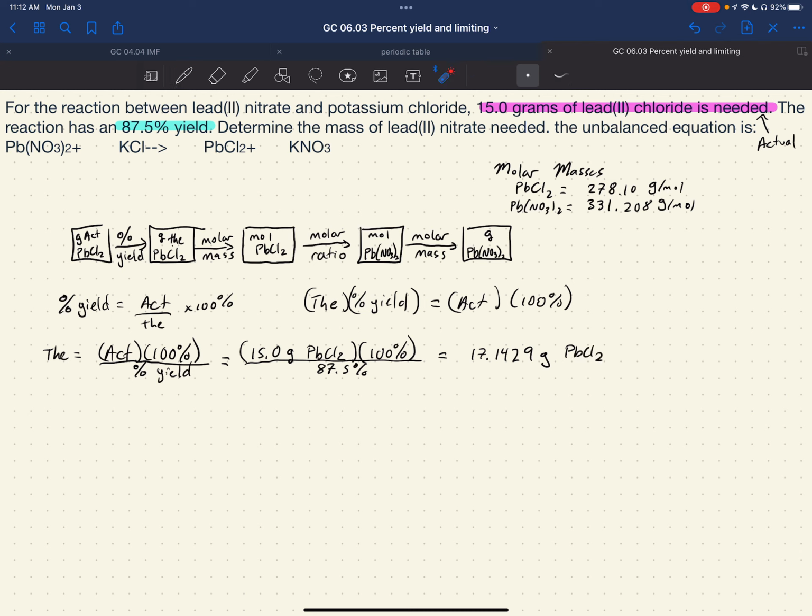That makes sense that my theoretical value should be greater than my actual value, because I'm going to lose some since there's only an 87.5% yield. Okay, so now I have my grams PbCl2, so now I can do my dimensional analysis.